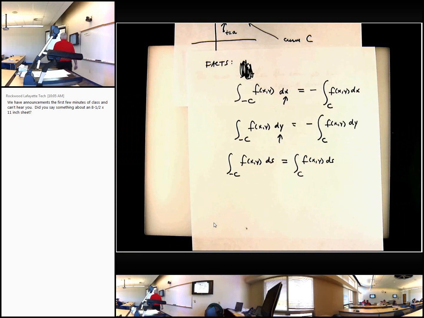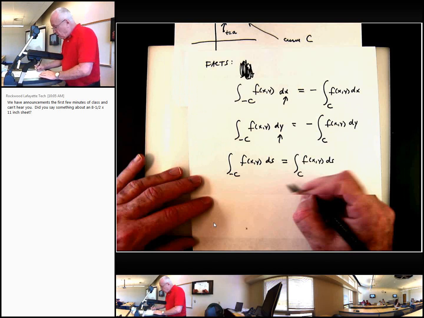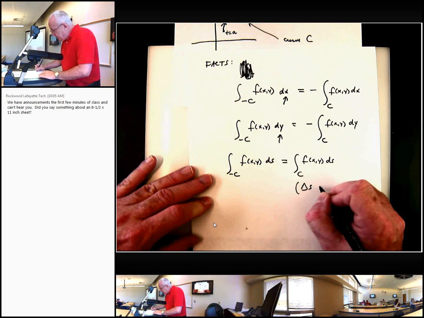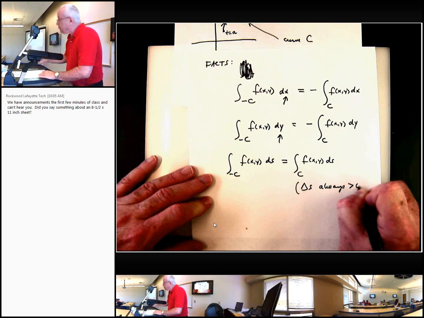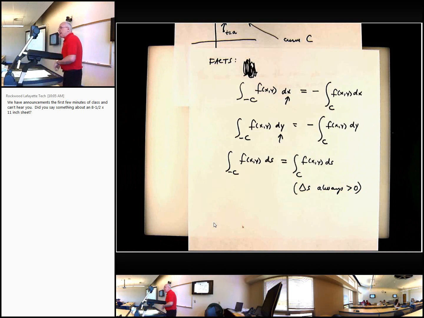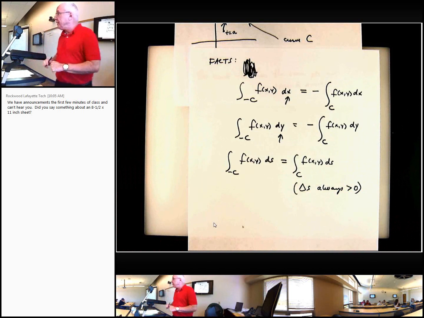When you're computing this integral at the limit, ds, which is that original delta s, is always a positive value, no matter whether you're going one direction or another. Delta s is the length of the line, and lengths are always positive. That's the reason why it doesn't change sign.